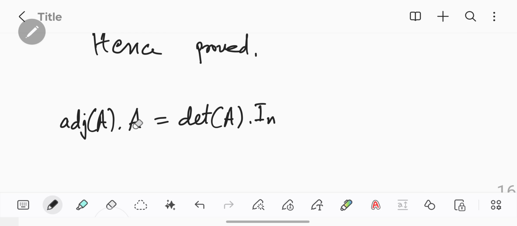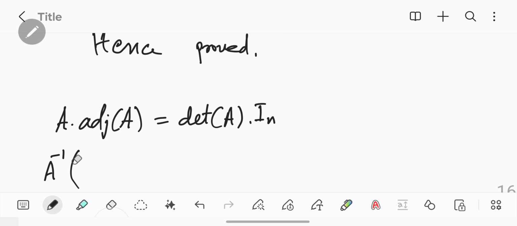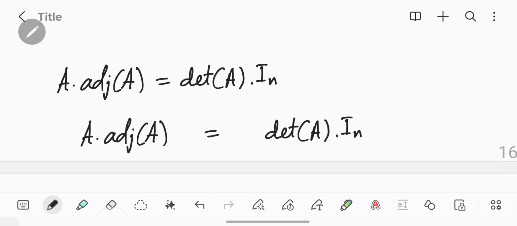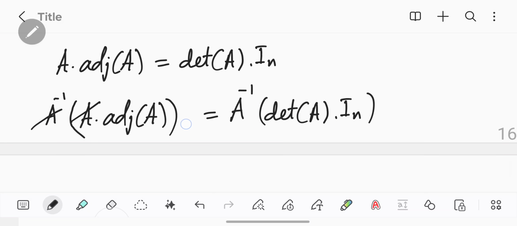Or in other words, you can write A times adjoint of A is equal to, this we have proved, this thing. Now, if we multiply both sides by A inverse, here by A inverse and here by A inverse also, this A and A inverse will get cancelled.